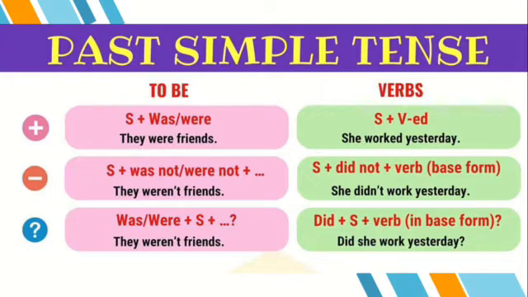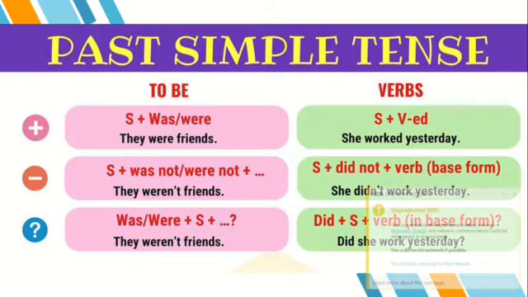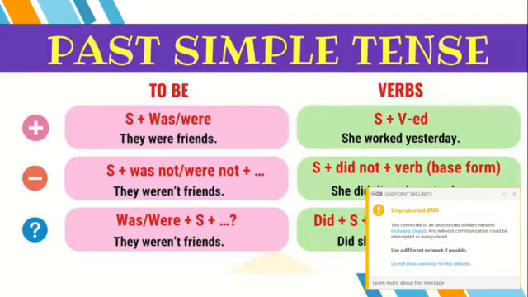Were they friends? So the answer can be no, they weren't friends, or yes, they were friends. So you put were at the front. Okay, I hope you understand the use of to be in the past.